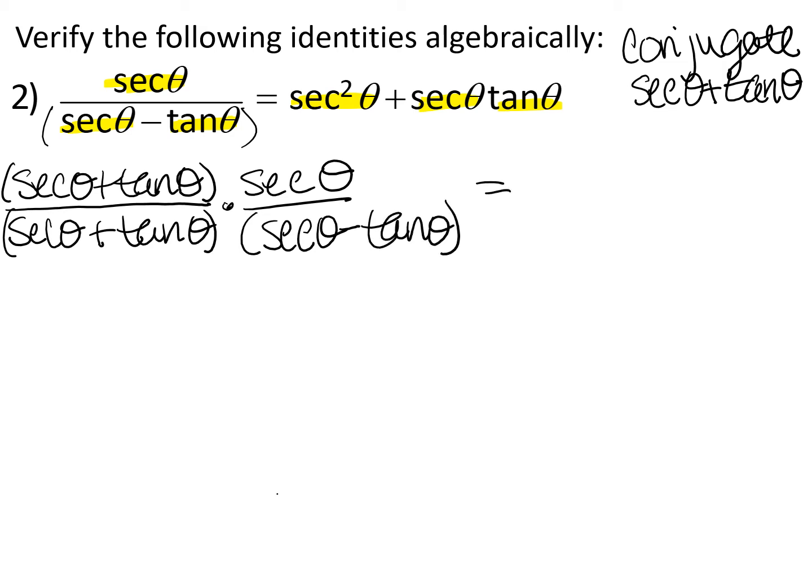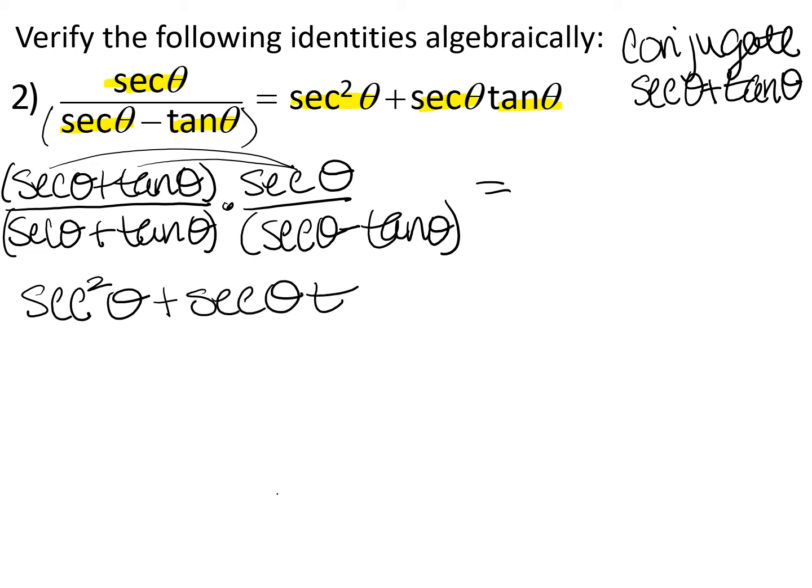Okay, and so I can go ahead and distribute my numerator. And look, that's actually really nice because secant times secant is secant squared, and secant times tangent is secant theta tangent theta, which is what I want. So I still have to deal with the denominator.